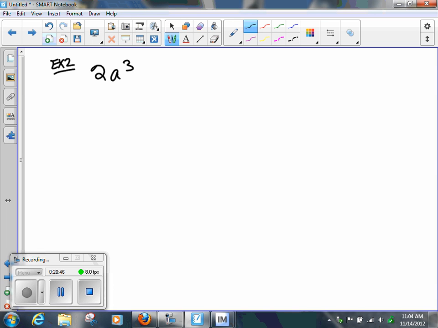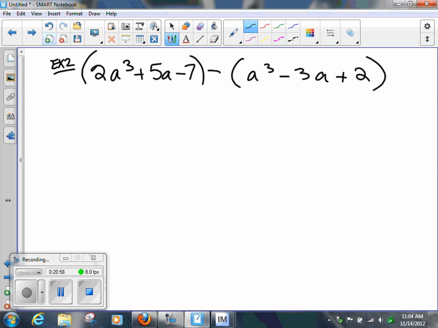Let's look at 2a cubed plus 5a minus 7 minus a cubed minus 3a plus 2. What are we doing here? We are subtracting. Warning, warning, warning. Why would you hear warning? We're subtracting a quantity, which means we've got to distribute that -1.